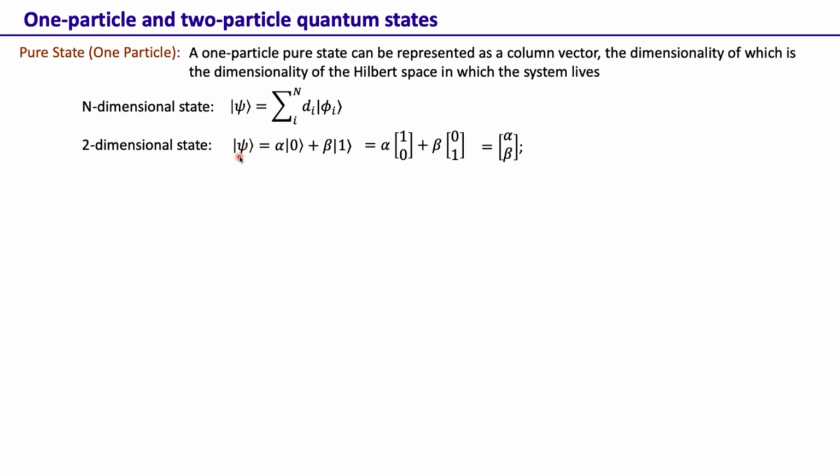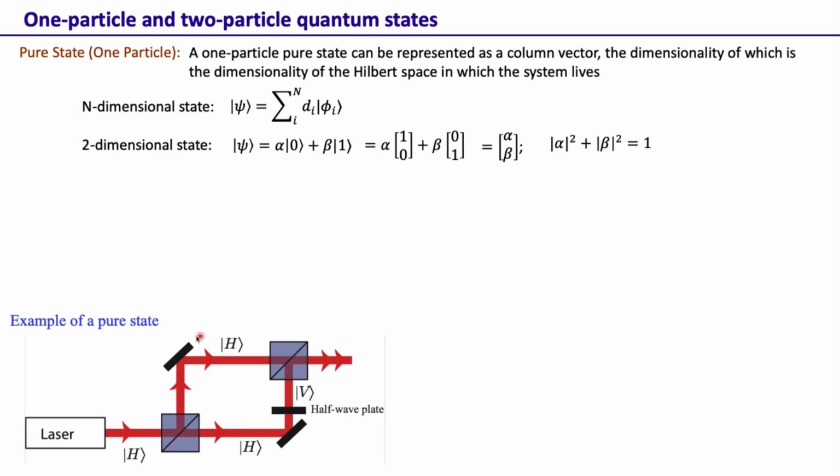These are all equivalent representations of the state psi in 2 dimensions: alpha 0 plus beta 1, or just writing it as a column vector with alpha and beta. Of course, alpha squared plus beta squared has to equal 1 for normalization. So, that's how we represent a 2-dimensional 1-particle pure state, and this is how we represent an n-dimensional 1-particle pure state.